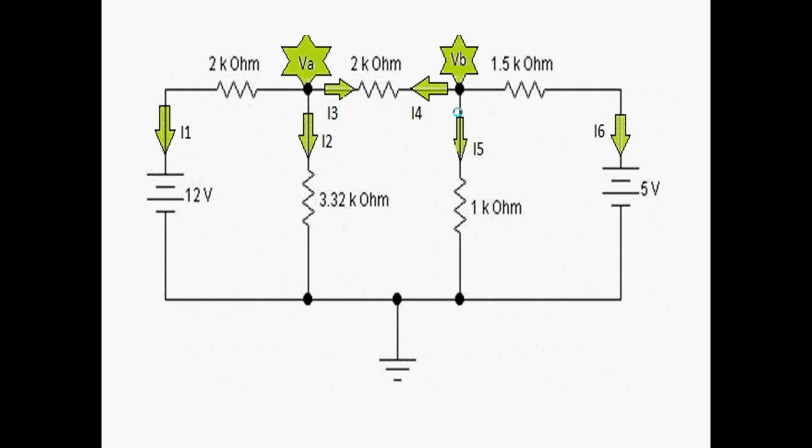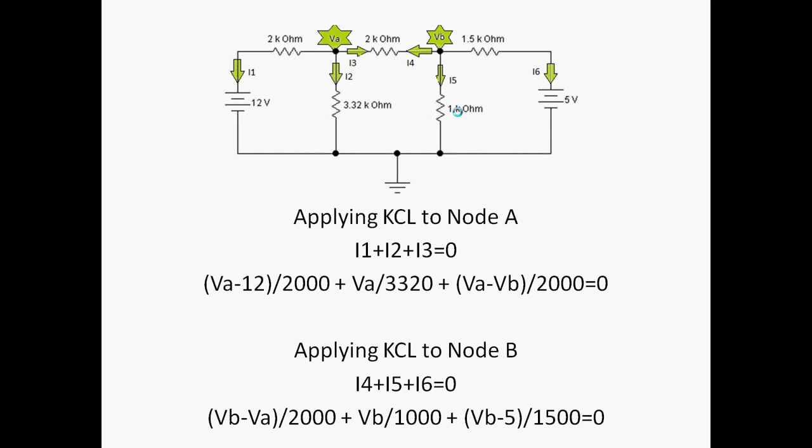Let us take a more complicated problem. Again we are supposed to find out the various currents I1, I2, I3, I4, I5 and I6. First we will apply KCL to node A. This is the node A. So on applying KCL to node A and assuming all currents are outgoing, I can say that I1 plus I2 plus I3 is equal to 0.